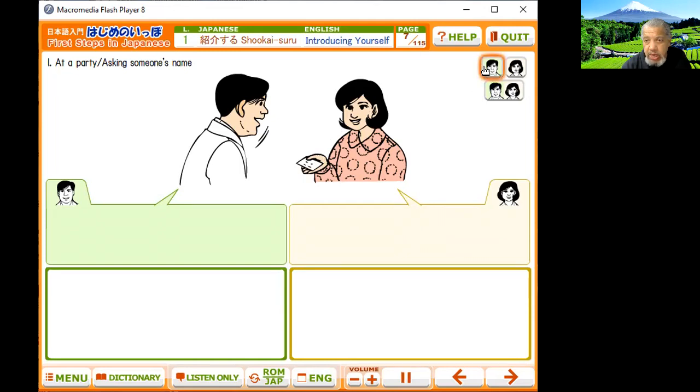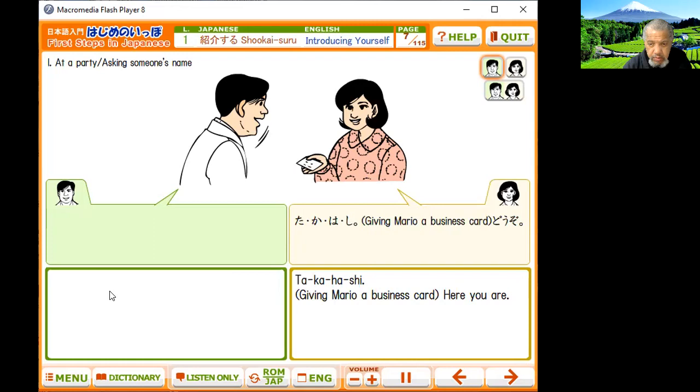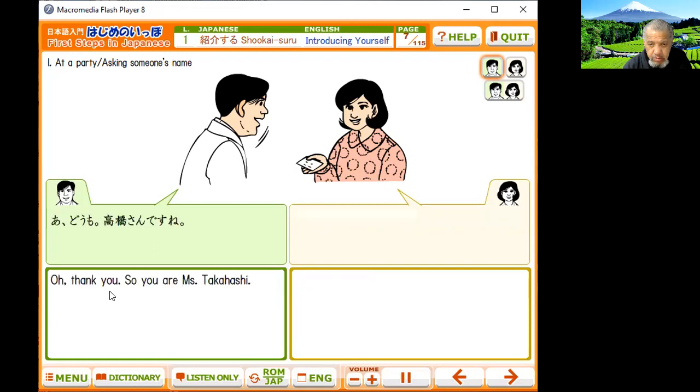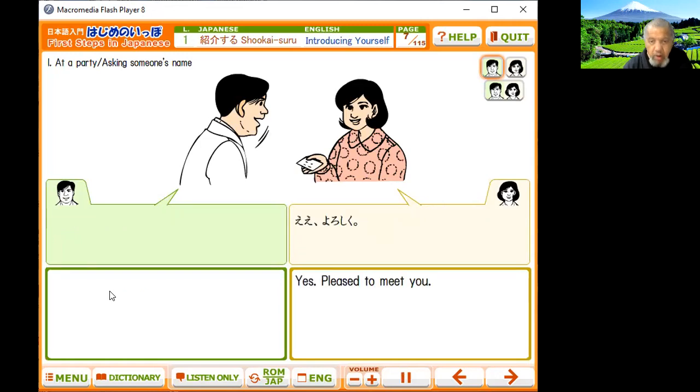These are the characters. Okay, so when you see that, then you practice that by yourself. You'll be having a conversation with him. But let's just do her part only this time.